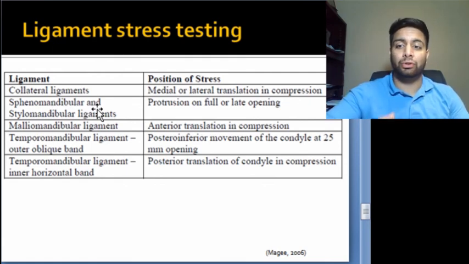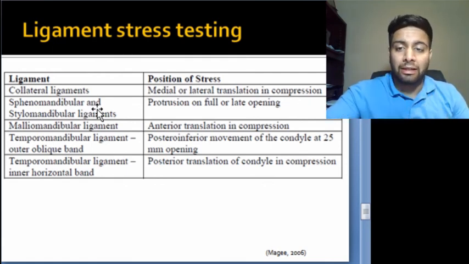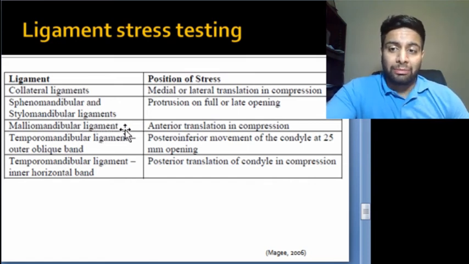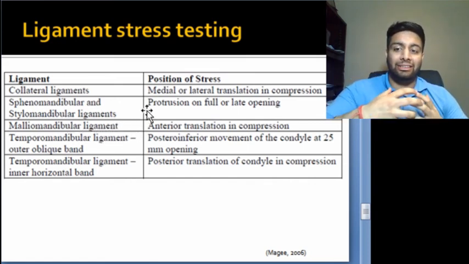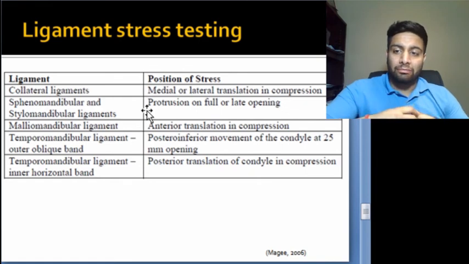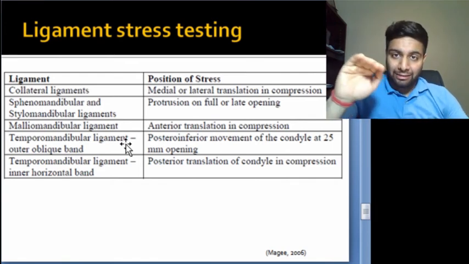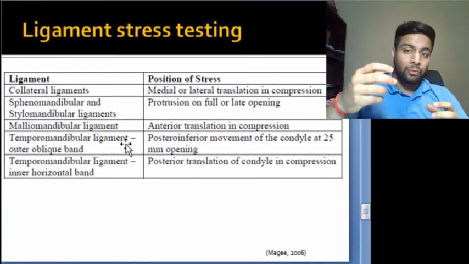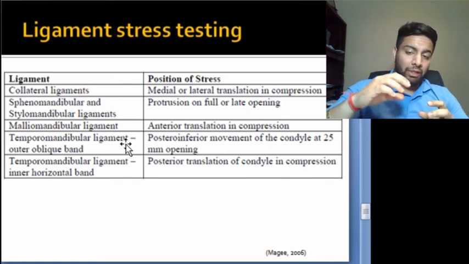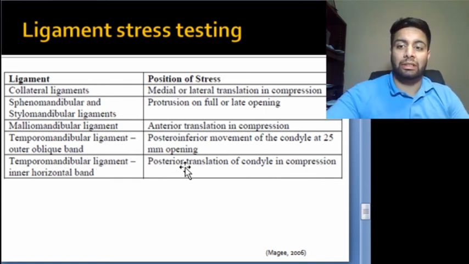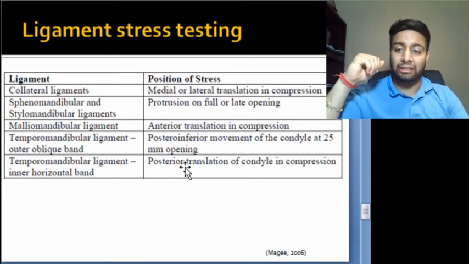They're tested by protrusion or late closing, bringing the jaw forward. Then you have your malleomandibular ligament, which is tested in anterior translation and compression. And the temporomandibular ligament, remember, has 2 bands: the oblique band, the one that runs at an angle, which limits the rotation of the condyle, and the horizontal band, which limits the anterior translation.